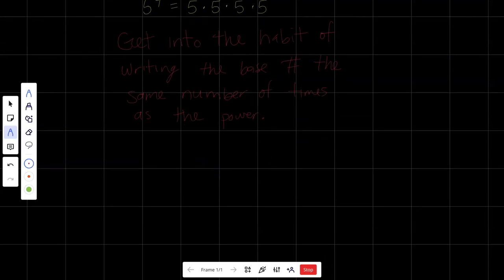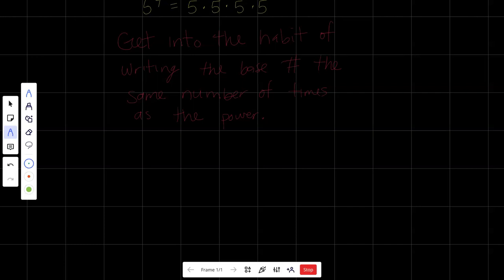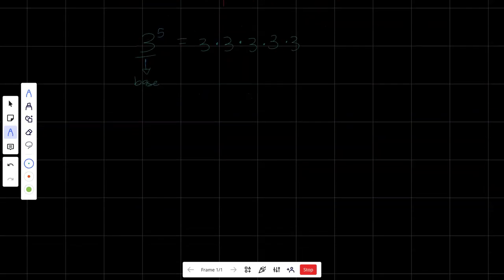So let's say we have 3 to the 5th power. Our base number is our big number. This is our factor or our multiplication term. This is 3, 3, 3, 3, 3. It's repeated multiplication. We have multiplication between. So 3 times 3 times 3 times 3 times 3. That 5 will never show up when you're writing it out. So that's a super common misconception, mistake that happens all the time.